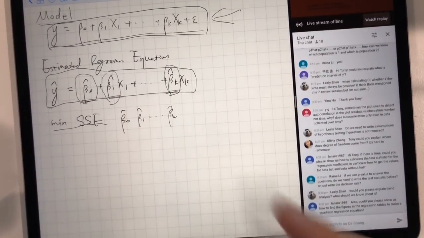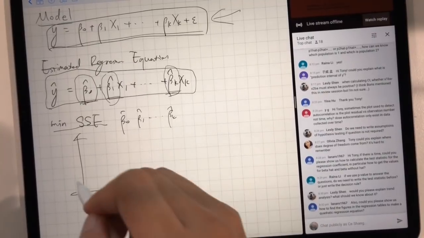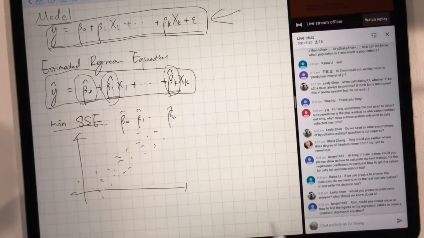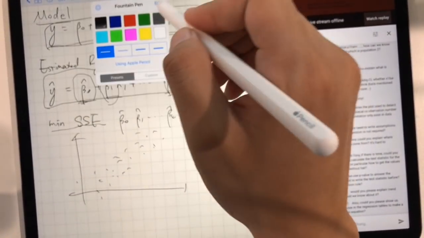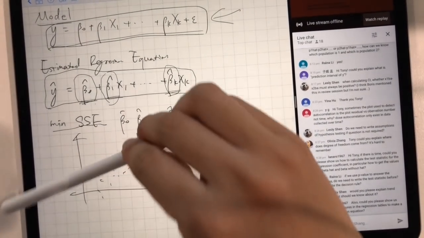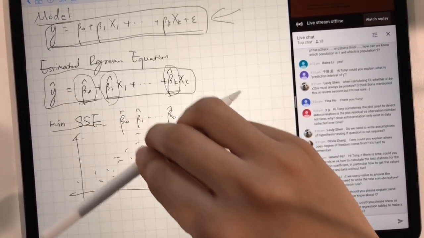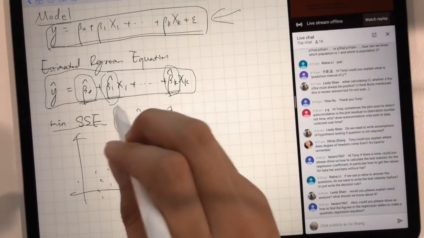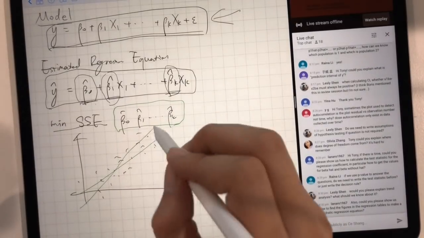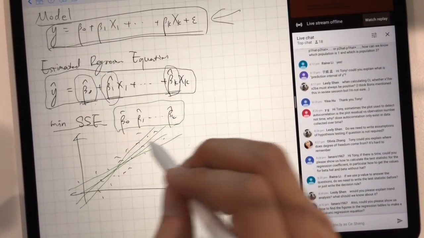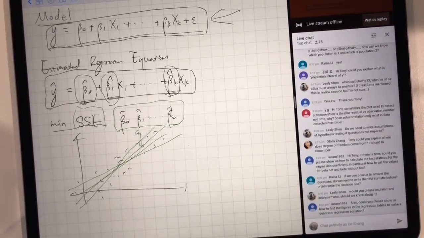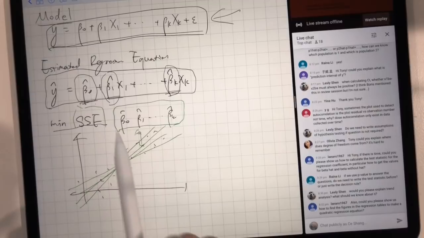So literally, for any sample of data, for example, this is a sample of data, okay? You are actually finding the best line. So you're trying to adjust the position of the line by changing the values of beta 0 hat, beta 1 hat, and beta k hat, and try to find a line that minimizes SSE, which is the residual sum of squares, okay?